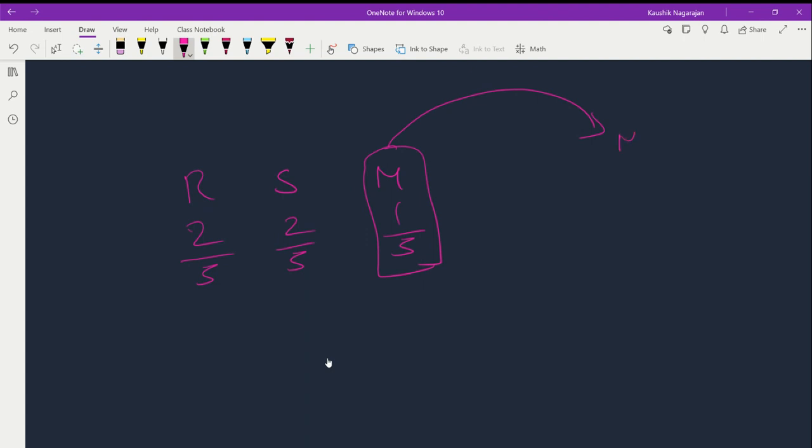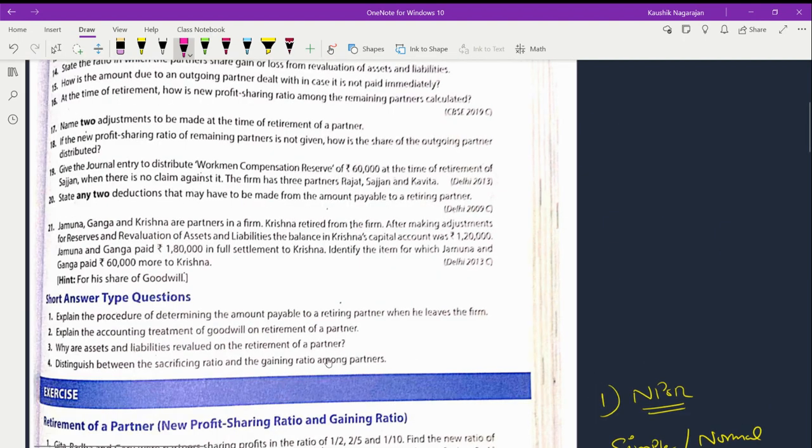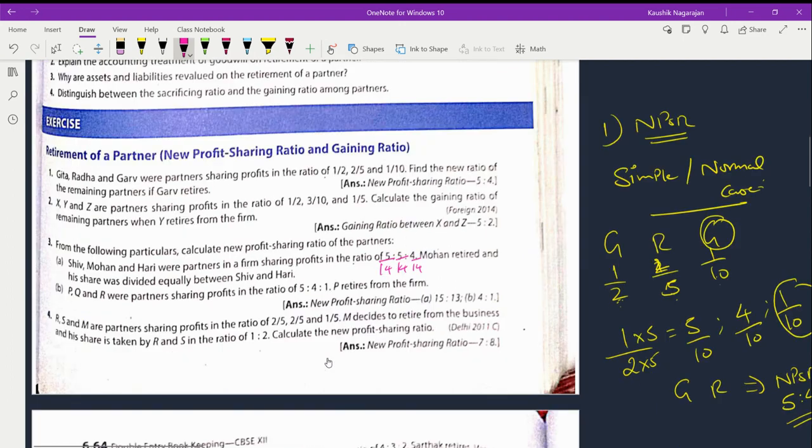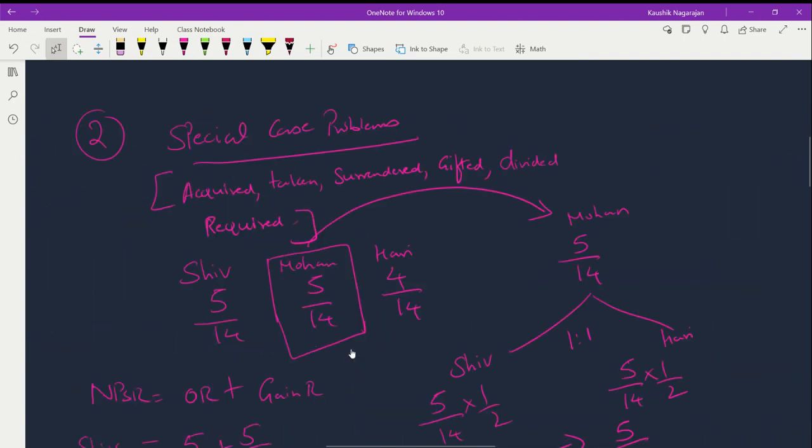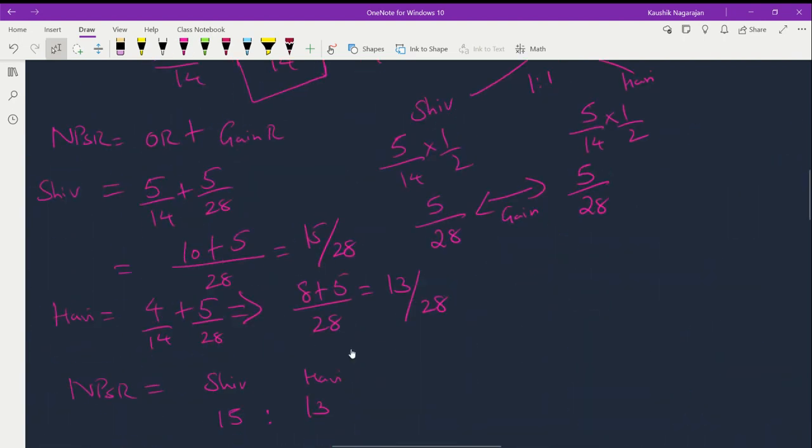So just have it again, M's ratio is 1 by 5. It was said that his share is taken by the partners R and S in 1 is to 2 proportion. Am I right? It is said like it is taken in the proportion of 1 is to 2. So calculate what is that 1 is to 2.